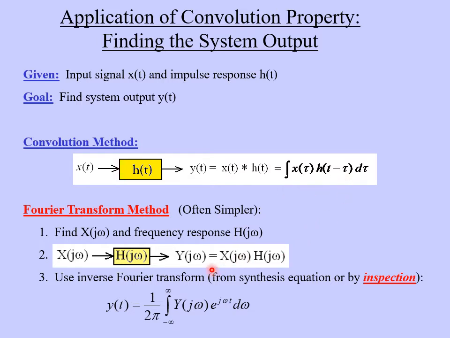And once we get this Fourier transform of the output, big Y of j omega, we still have to figure out what y of t is, and we can do that by finding the inverse Fourier transform of Y. The formal method is the inverse Fourier transform integral, but a lot of times, in fact all we're going to do in this course, is do it by inspection using Fourier transform pairs that we have already determined previously. We'll see some examples of this coming up real shortly.